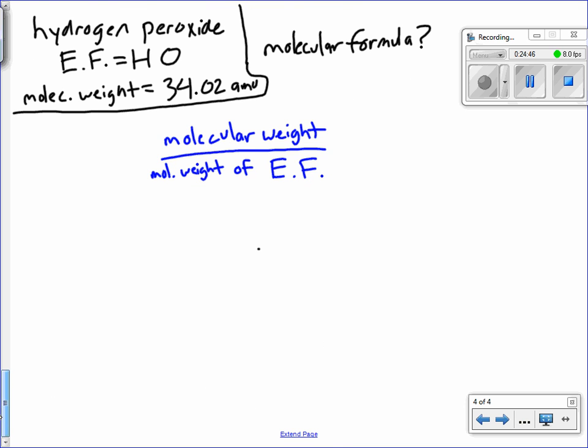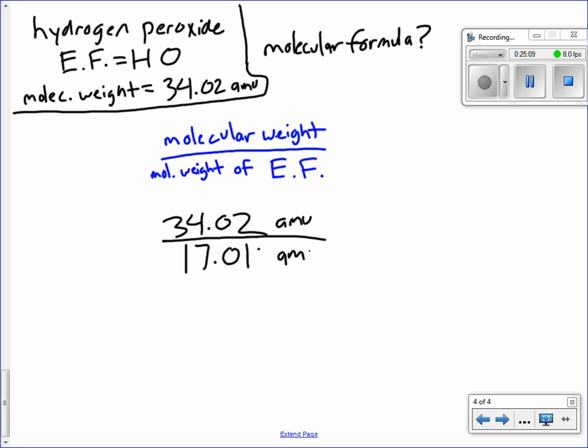Okay? So let's try it. So our molecular weight was given to us, 34.02 AMU. And the weight of our empirical formula we can just add up. It's O and it's H. So adding H to O, it's going to be 17.01 AMU.